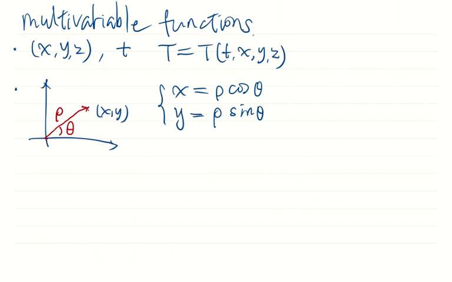So this function associates rho, theta to x, y. So this is another kind of multivariable function. It has more than one independent variable and even more than one dependent variable.